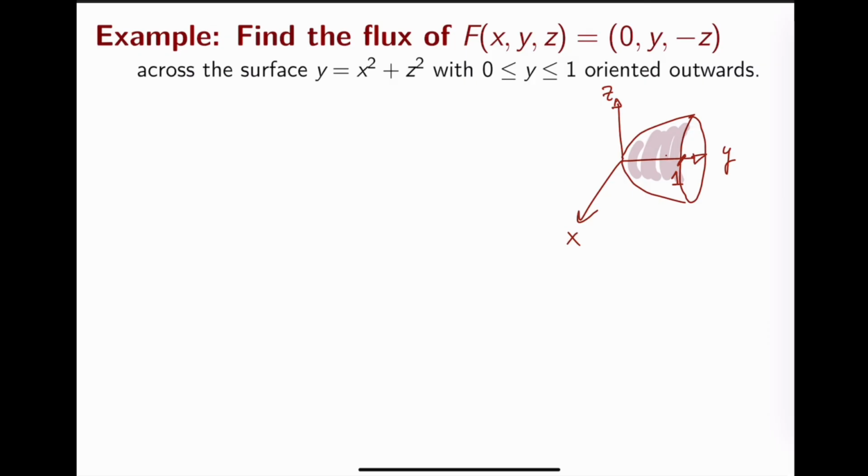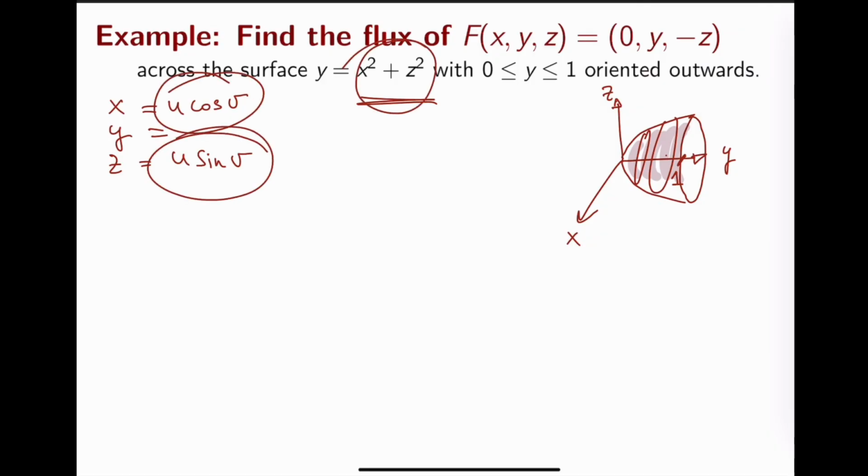First of all, let's write down the parametrization of this surface. So this surface is given by all these circles here. So x is going to be equal to u cosine v, and z is going to be equal to u sine v. And then y is going to be equal to the square root of this plus this, which is just u squared.